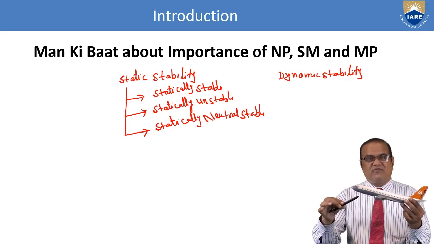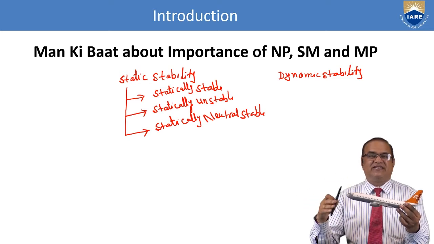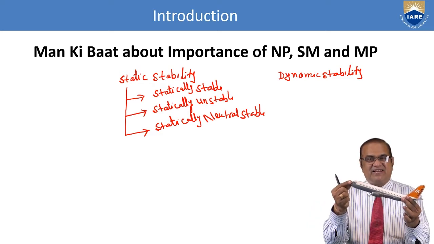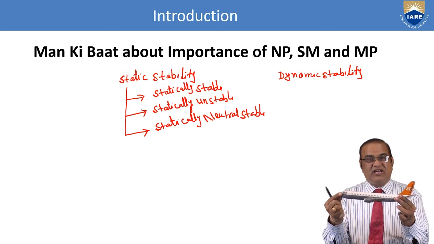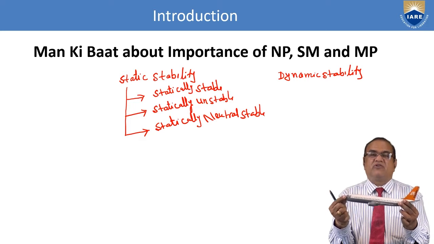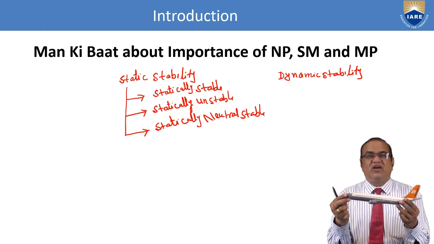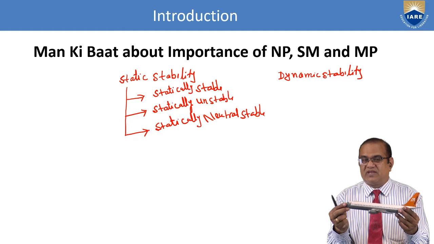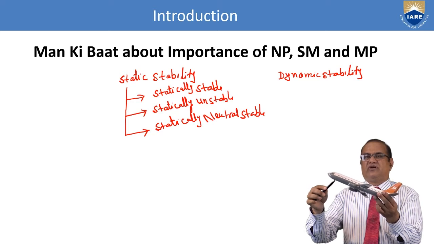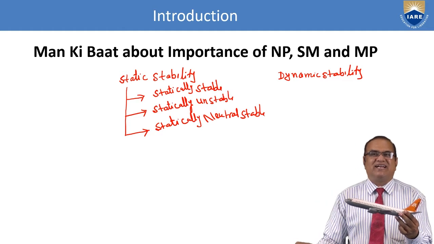So after removal of these external forces, when the gust is reduced or eliminated, whether the aircraft tends to remain in the same position or move toward equilibrium. If it is tending towards reaching the equilibrium position, we can say it is statically stable. If it is disturbed and maintains the same attitude, neither increasing nor decreasing, the angle remains the same, we can say it is neutral stable.